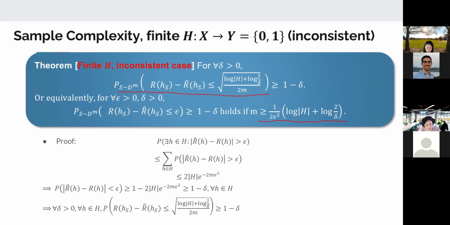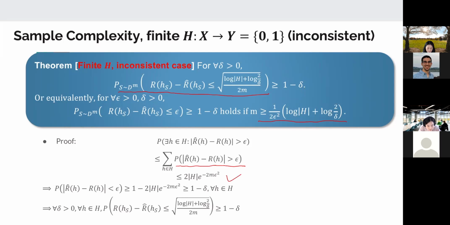So now, what does this remind you of? Yes, exactly, the previous lemma. The previous lemma says that the probability of the generalization gap for a fixed h being greater than epsilon is upper bounded by e to the power of minus 2m epsilon squared, which is the application of Hoeffding's inequality.